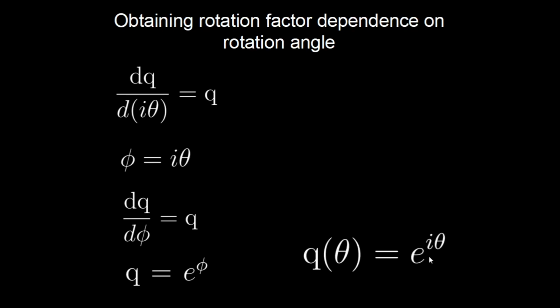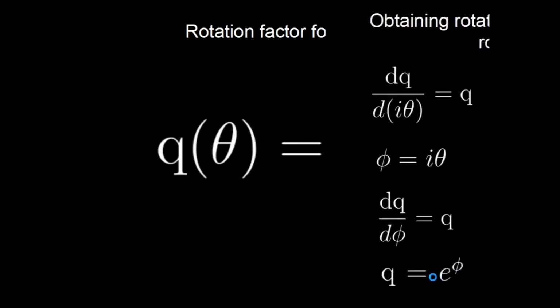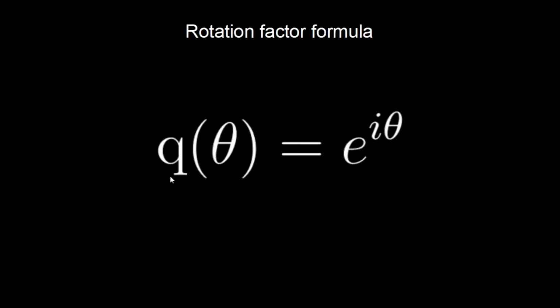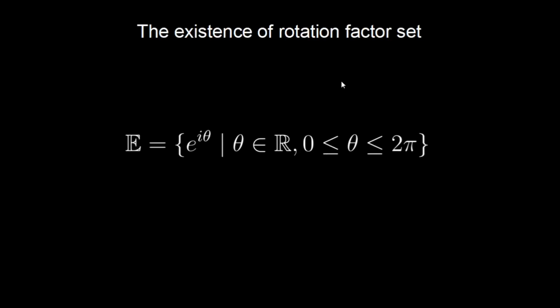The rotation factor dependence on rotation angle may be called rotation factor formula. The formula shows the existence of rotation factors for all angles. This result has profound implications. Based on the concept of motion and rotation factors, we have obtained the fundamental equation and discovered the existence of rotation factor set.